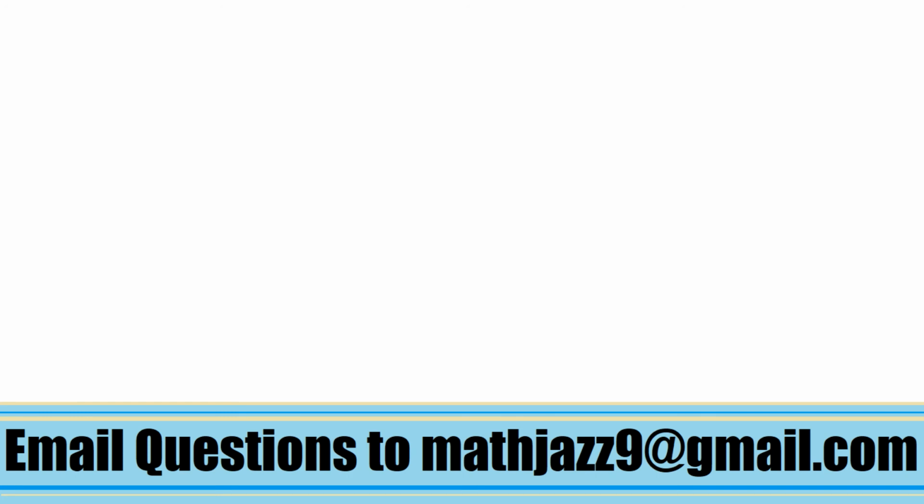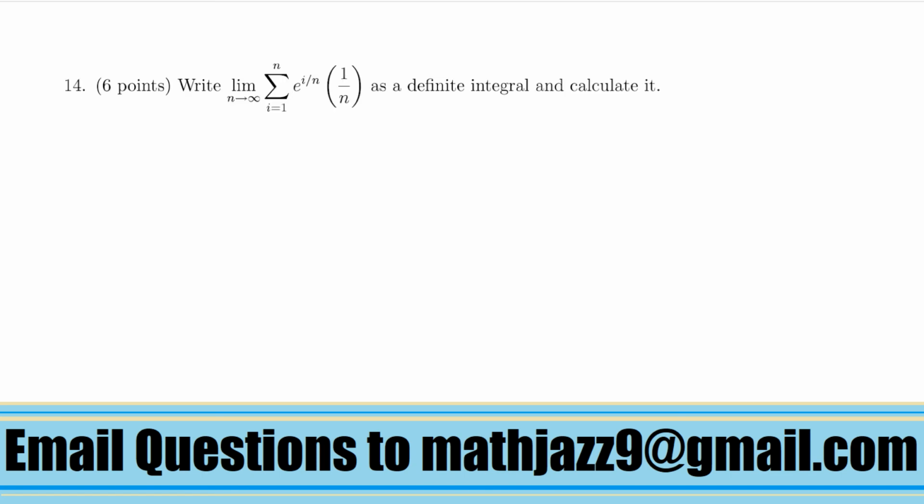We will continue on with the problems in the order that they are in the packet I emailed all of you. So the next question is, write the limit as n goes to infinity of the sum from i equals 1 to n of e to the i over n times 1 over n as a definite integral and calculate it. Do this using the fundamental theorem of calculus.